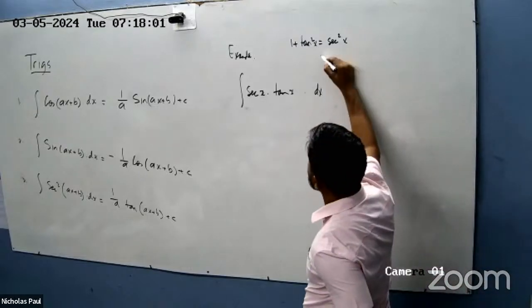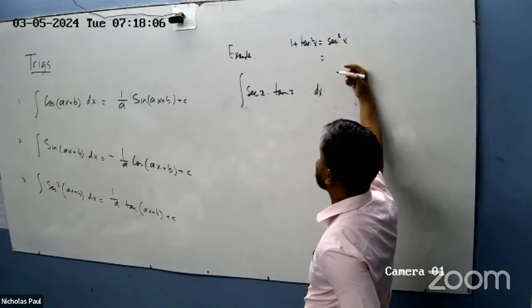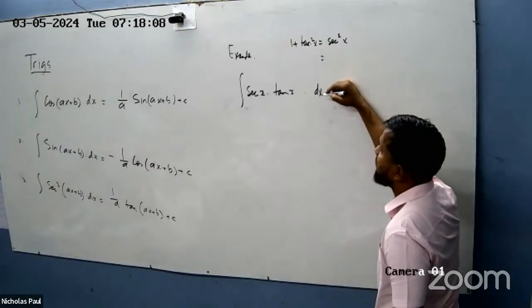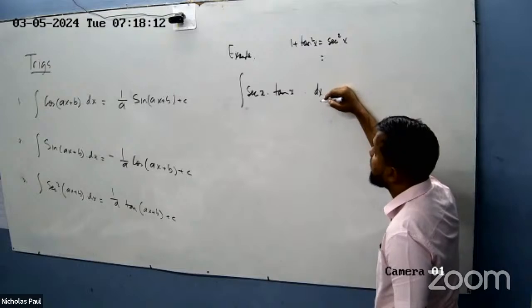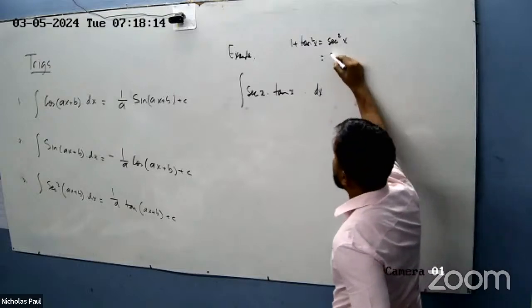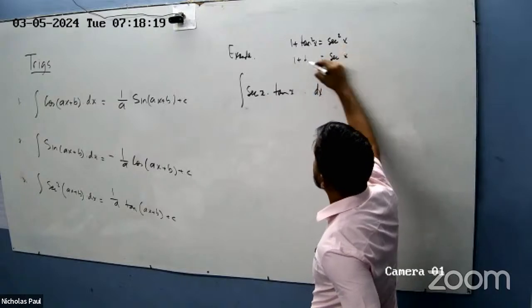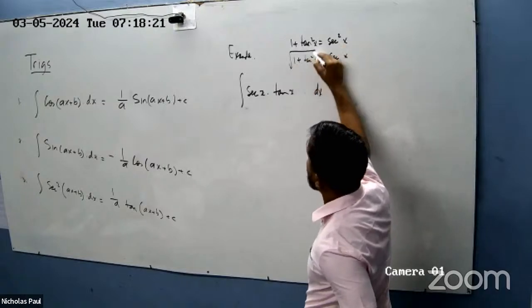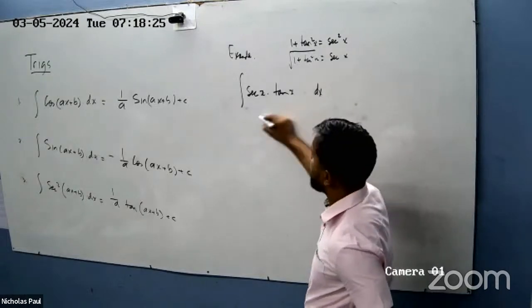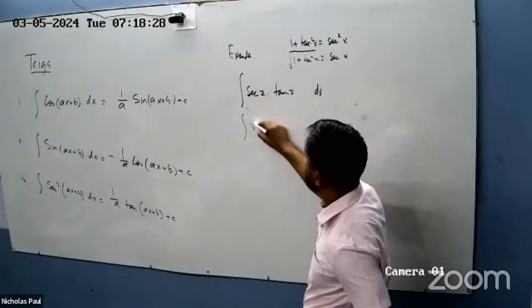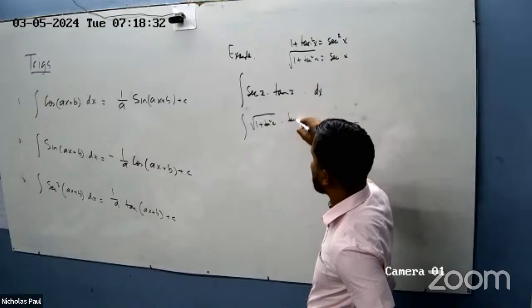Obviously you're seeing sec, and you have a few options. You could say sec x is the square root of 1 plus tan squared x, so you'll end up with the integral of the square root of 1 plus tan squared x times tan x.